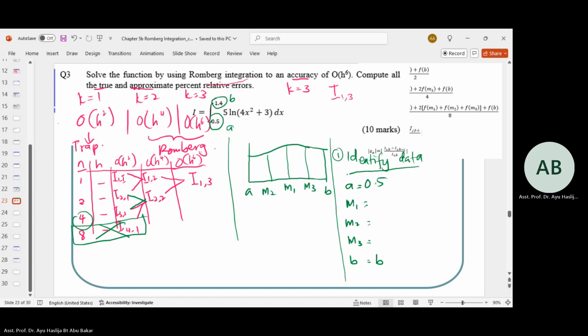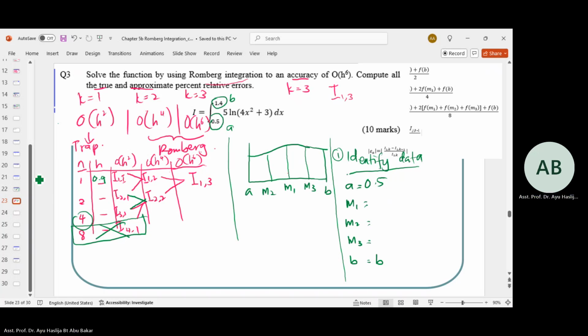Is it? 0.95, 0.9. Yeah, correct. Okay, here 0.9.